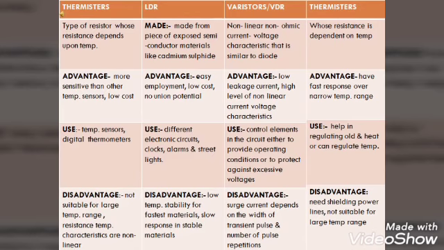It has a non-linear, non-ohmic current-voltage characteristic that is similar to a diode, meaning it functions like a diode. Last we have thermistors, whose resistance depends upon the temperature. It changes when the temperature is changed. So this was all about resistors and their types. Thank you so much.